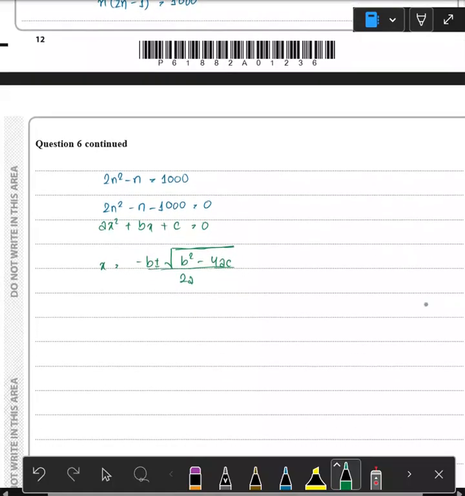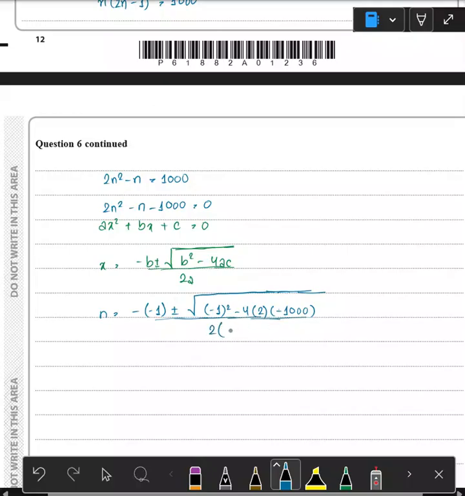Now instead of x I write n, so n would be negative 1 plus minus square root of negative 1 square minus 4ac, that is 2, c is negative 1000, divided by 2a, so a is just 2.